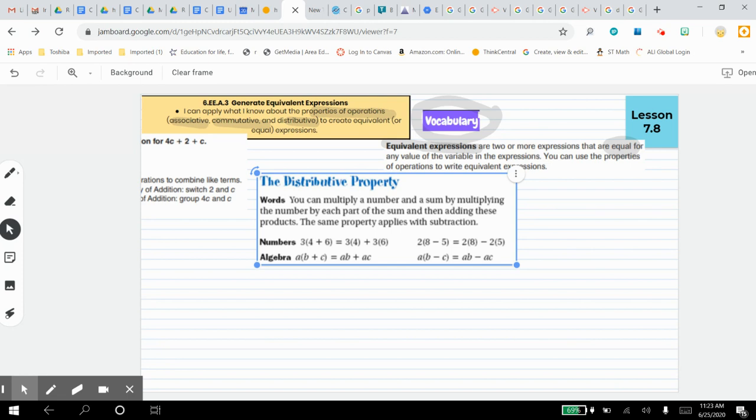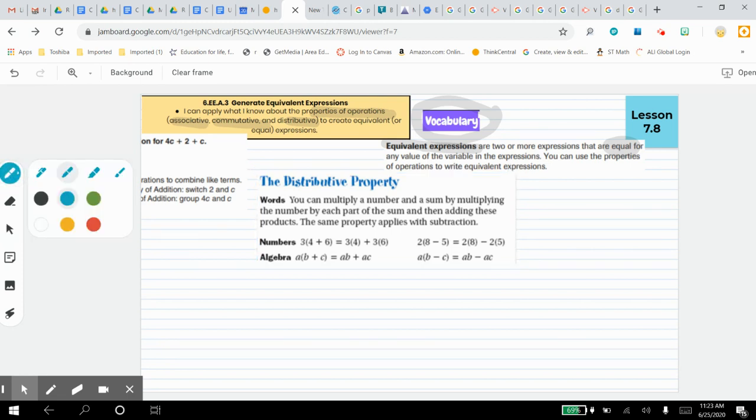I have a parenthesis. Whenever a value like 3 is right beside the parenthesis, this means to multiply. So you're going to multiply the 3 and the 4, and you're going to multiply the 3 and the 6. So you end up with 3 times 4, keep the same operation, and 3 times 6. The same thing happens when you have variables.